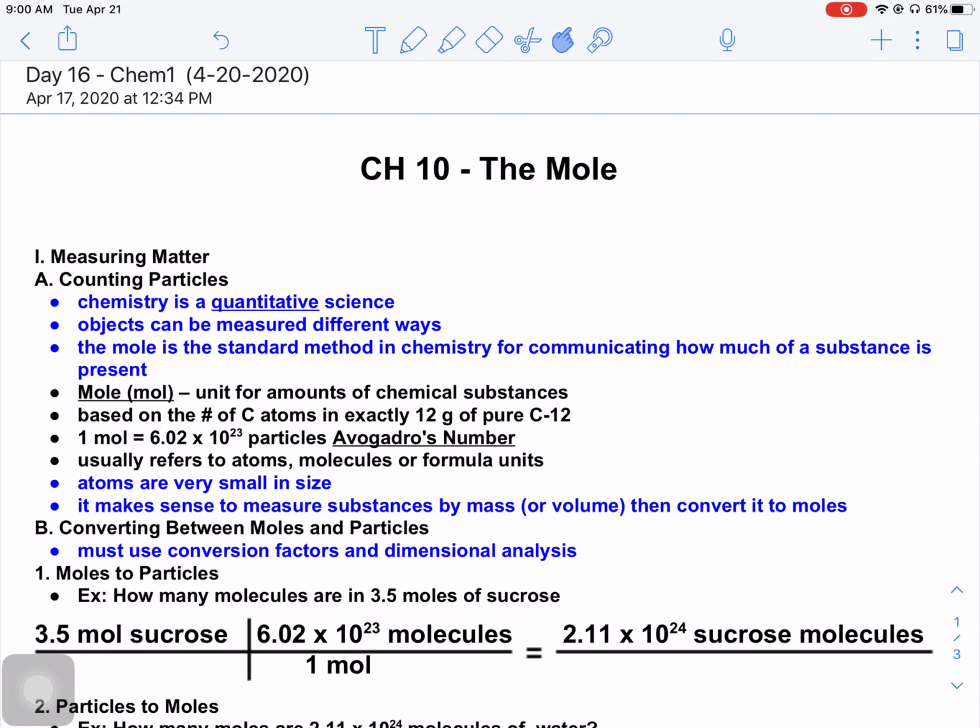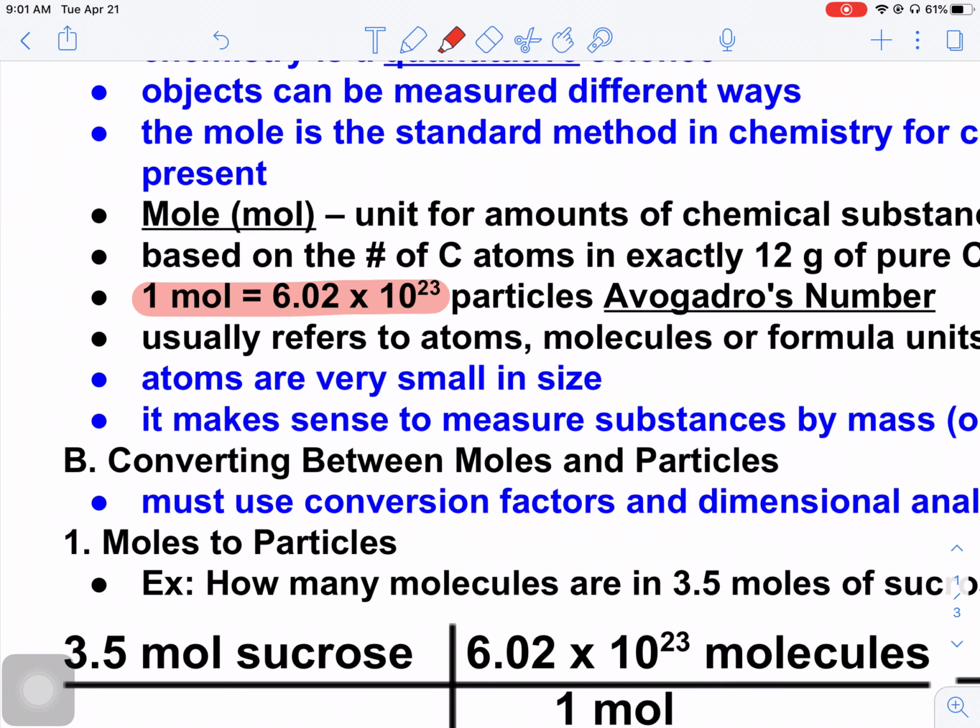So 1 mole of carbon is exactly 12 grams of carbon-12. Now, we zoom in here a little bit and we see this number. A mole is actually a number of particles, 602 billion trillion, and this is sometimes called Avogadro's number. So, whereas a dozen is equal to 12 particles, a mole is equal to Avogadro's number of particles.